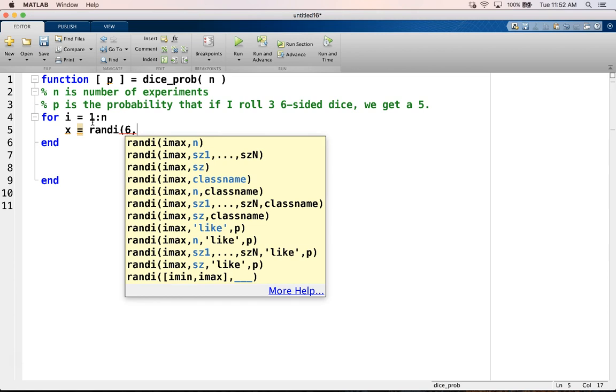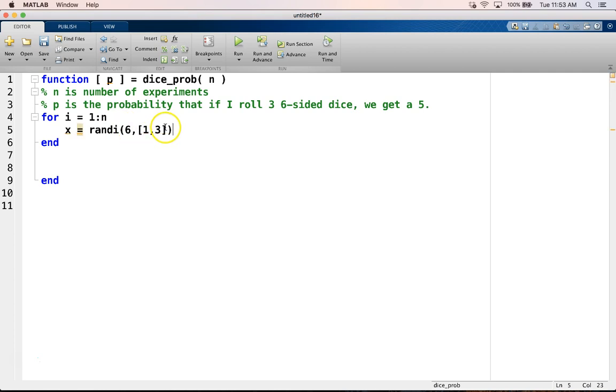So first I'm going to give it a 6. That's saying the outcome is 1, 2, 3, 4, 5, 6. And then I want to roll 3 of them. I don't really need the brackets, but for me it's easier to read if I have the brackets here. So it's numbers 1 to 6, and I'm going to get a row vector of 3 of them.